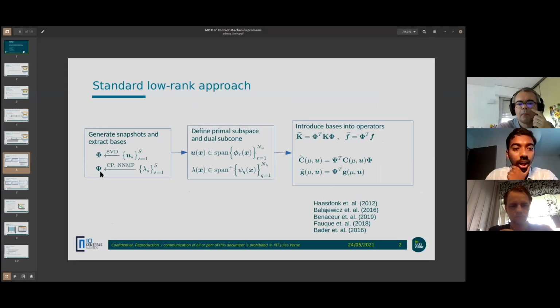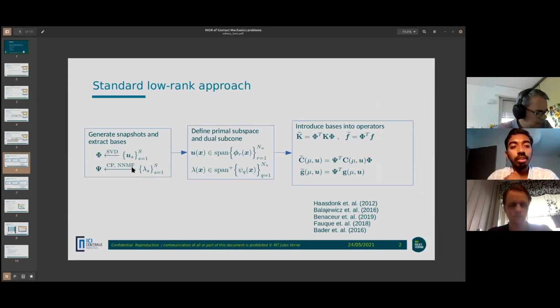Okay, so I have a basis psi for contact pressure, which basically contains a selection of snapshots from the original snapshot set, depending on which method we use. Cone projection gives me snapshots. It does not compress the snapshots.